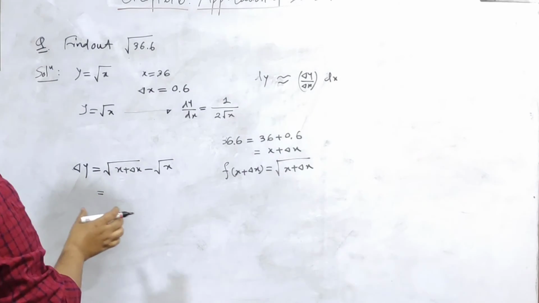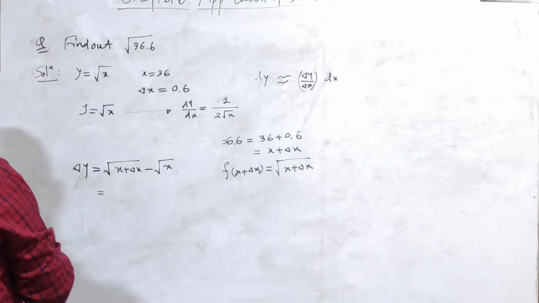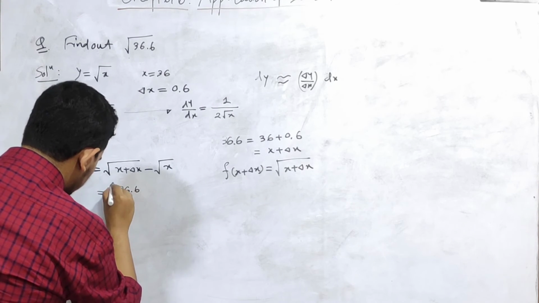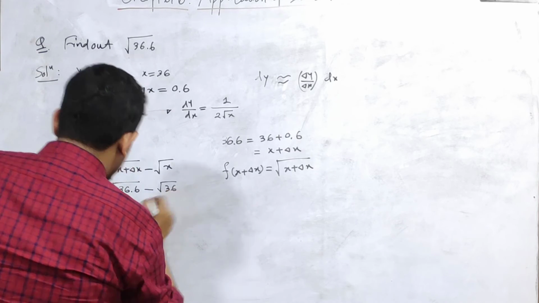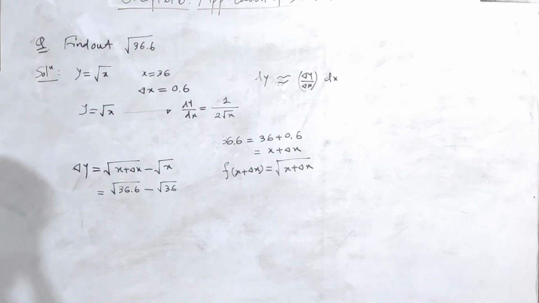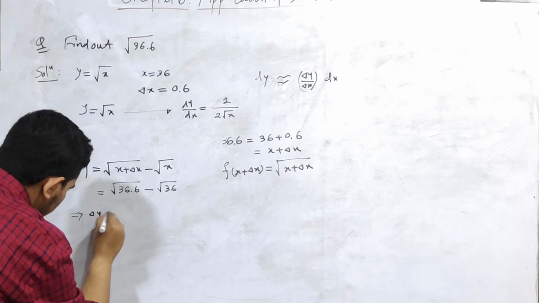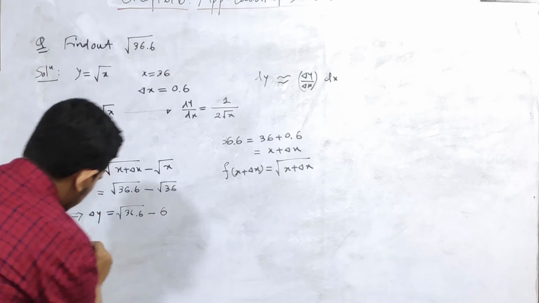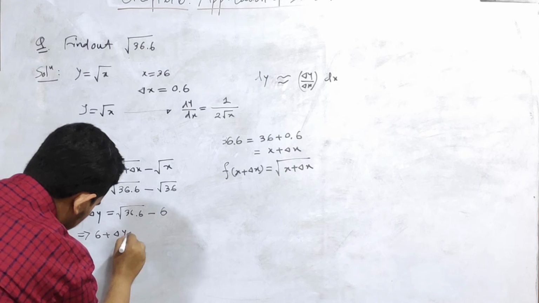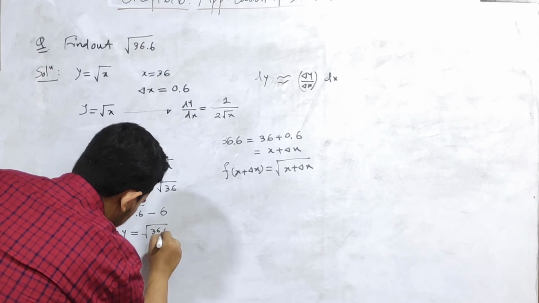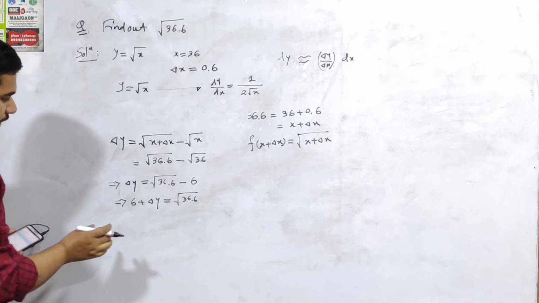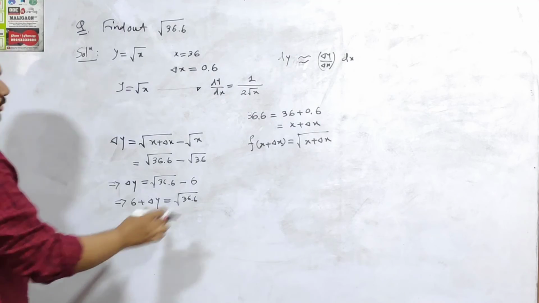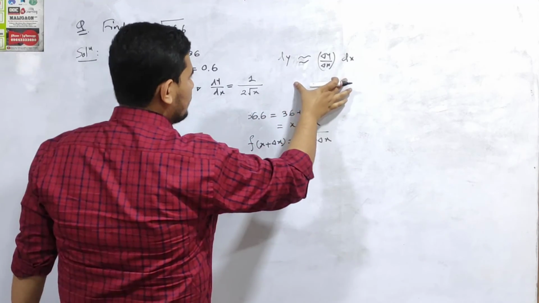Here x plus del x has the value 36.6 and x has the value 36. So from here, the square root of 36 is 6, so I can write 6 plus del y equal to root 36.6. So if I can find the value of del y, I can clearly get the value of root 36.6. The del y value will be found from this expression.